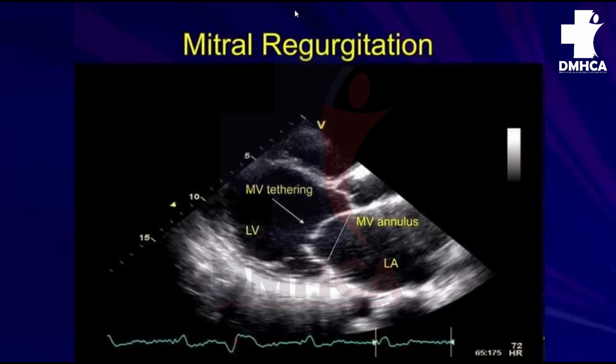Dilated cardiomyopathy, the very important thing you have to understand is all the chambers are dilated, ejection fraction is low, the mitral valve annulus is dilated, EPSS is high, EF is low, heart pumping action is low.